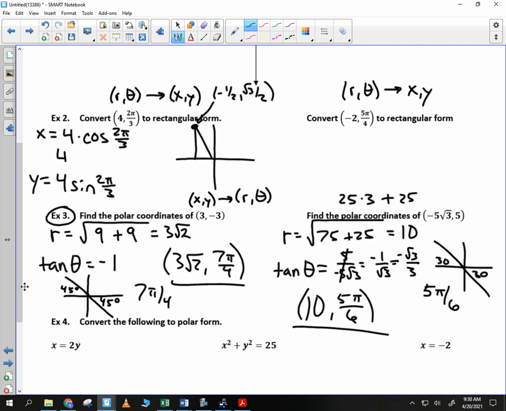X. So you have 4 times negative 1/2. What's 4 times negative 1/2? Negative 2. And then we have 4 times the sine of 2 pi over 3. That guy right there, we have the root of 3 over 2, which is going to be 2 roots of 3. So my xy coordinate is negative 2, 2 roots of 3.